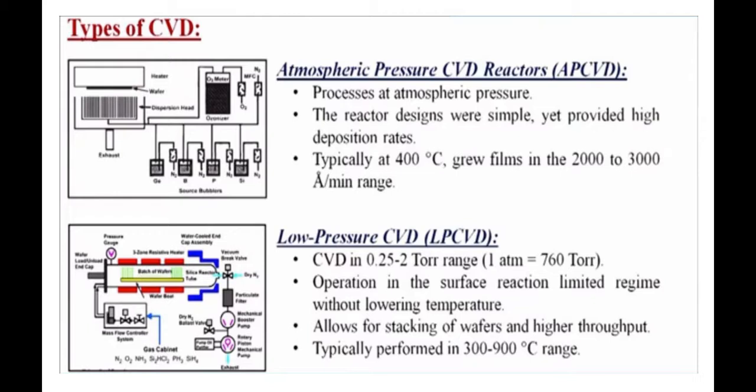From the name itself you can understand that we are maintaining atmospheric pressure for this particular CVD process. The reactor designs were simple, it provided a high deposition rate, typically at 400 degrees centigrade, and gave films in the range of 2000 to 3000 angstrom per minute.